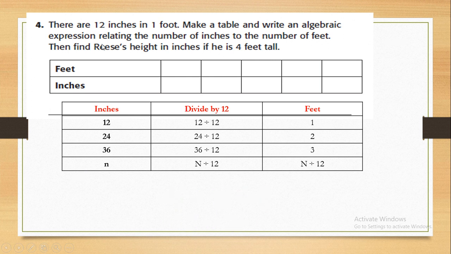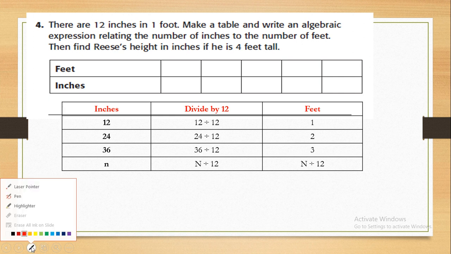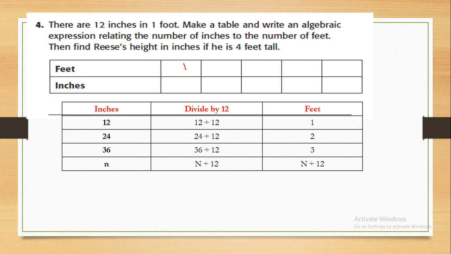We will start from the 12 inches that he gave you. So he wants until 4. So we will have 1 foot, 2, 3. So let's write it. The feet that we have are 1, 2, 3, and 4. He wants until 4, okay? And the inches 12. So 1 became 12.